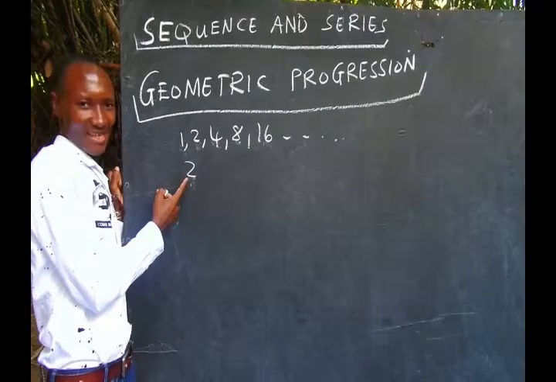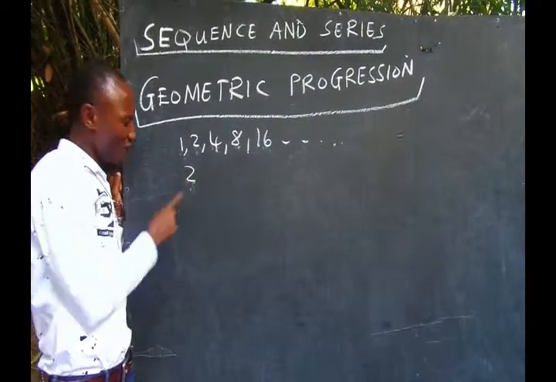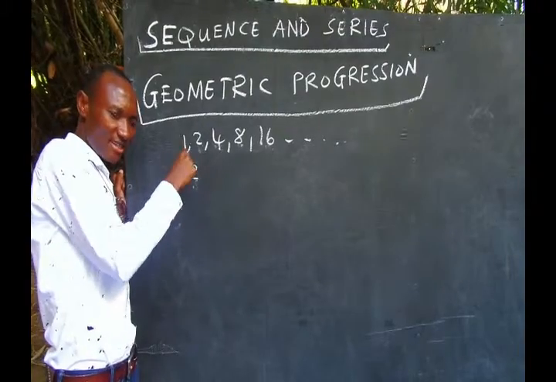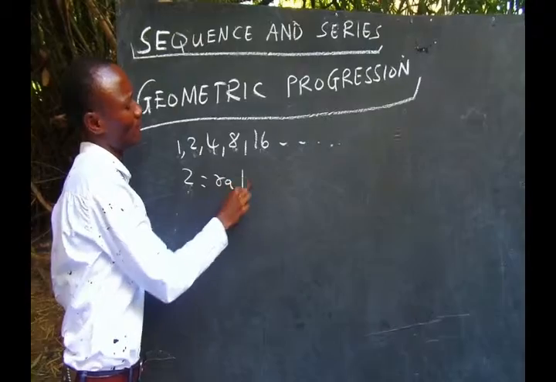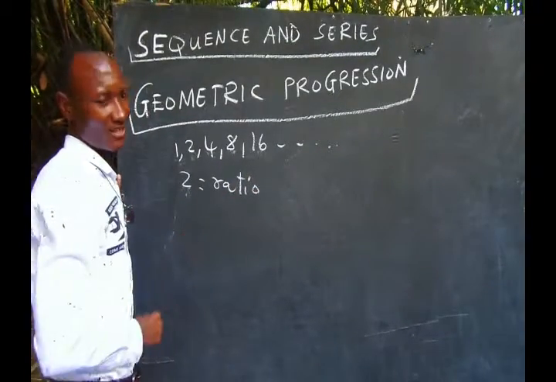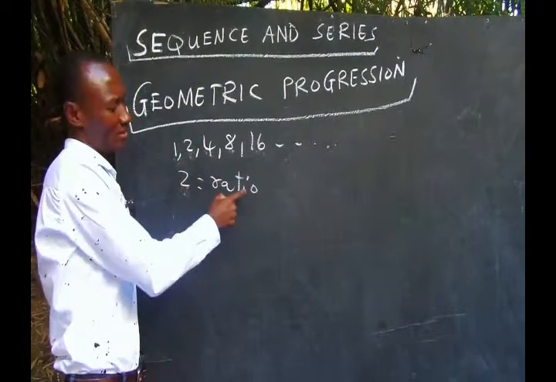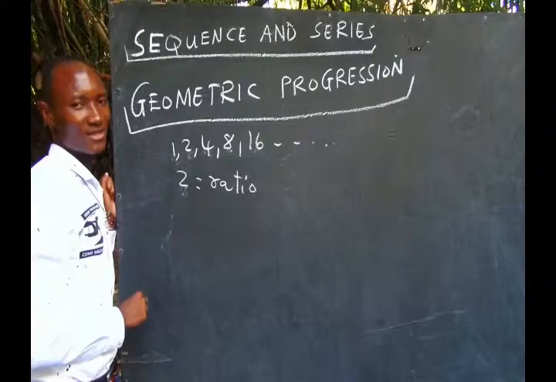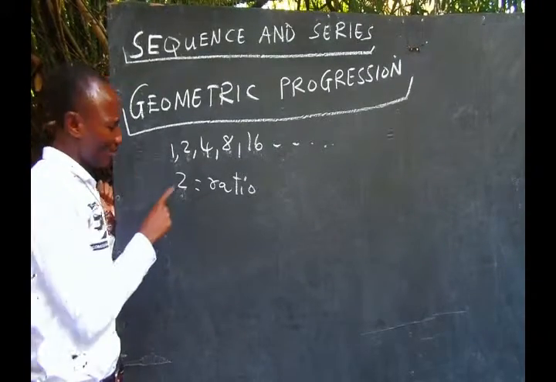So it is the ratio. If 2 is obtained by dividing, it is the ratio, my best friend. Ratio is something which is obtained by dividing. 2 divided by 1, 2. And it is also common.